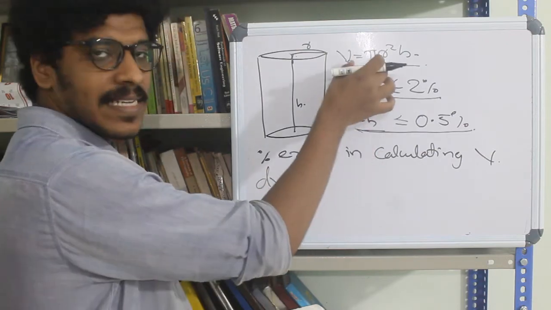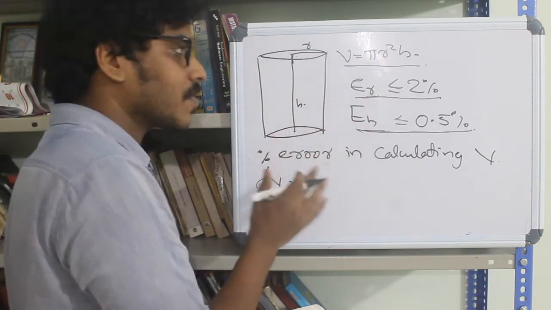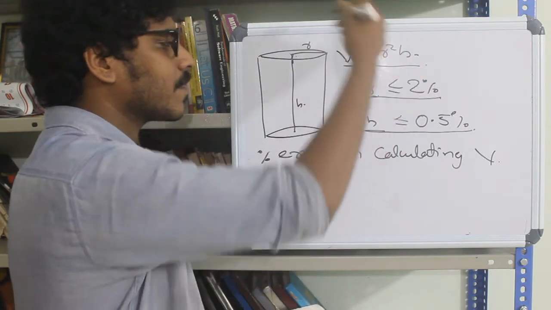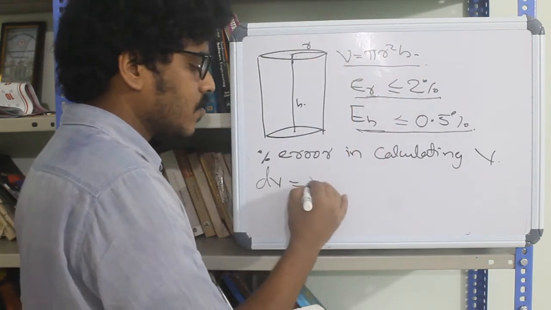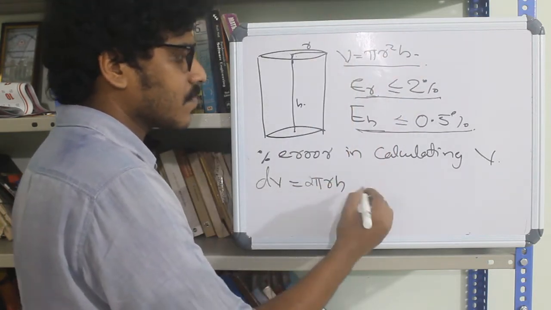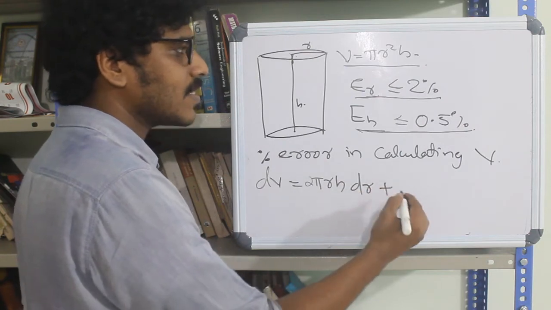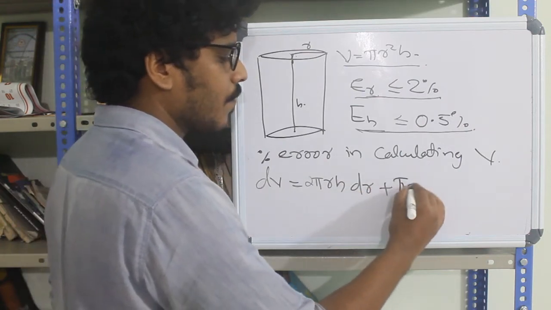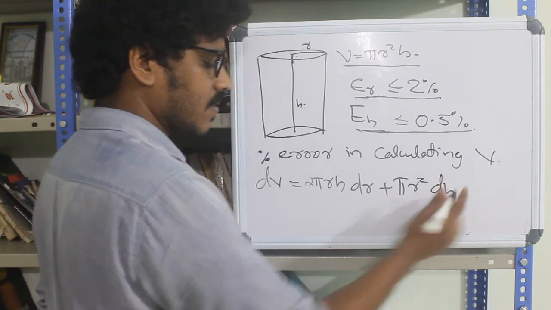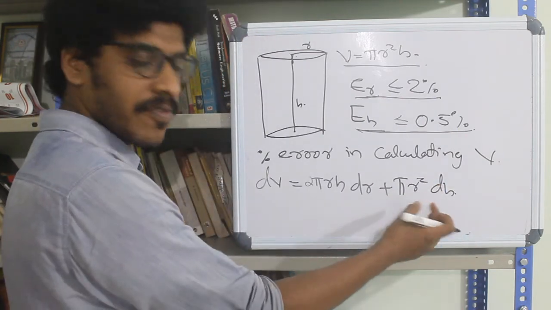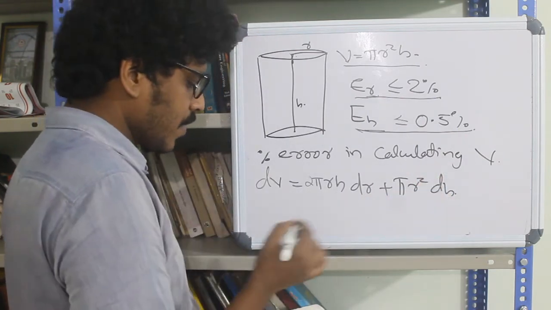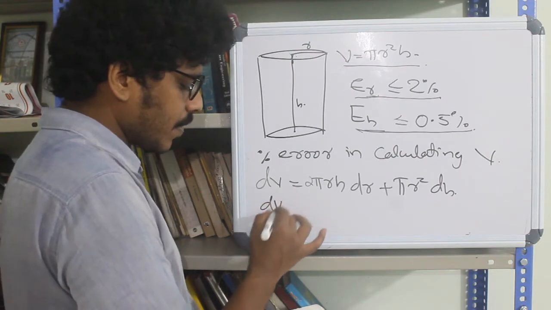dV, we have seen this equation several times now, so it's just a matter of time to write the dV. So it is 2 pi RH dr plus pi r square dh. Vr dr plus Vh dh, right? So what is dV by V?